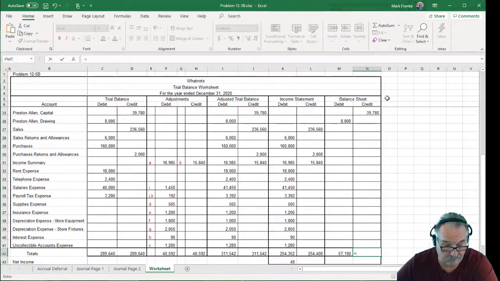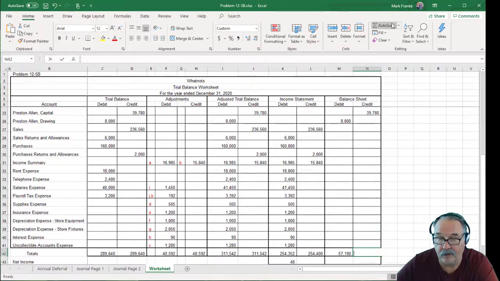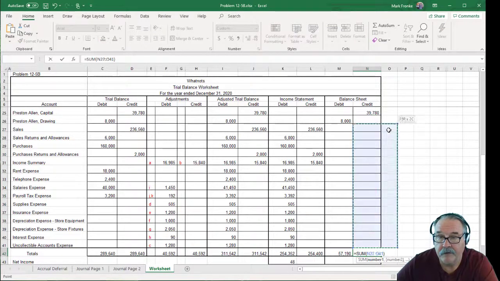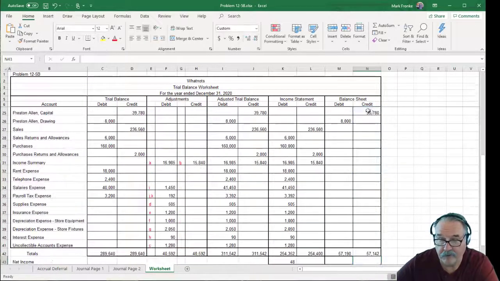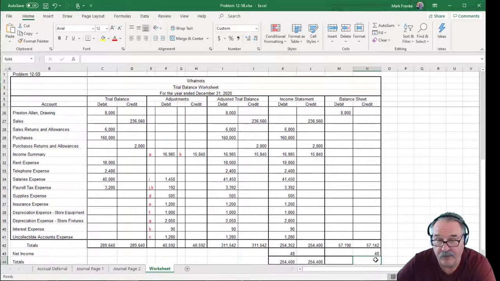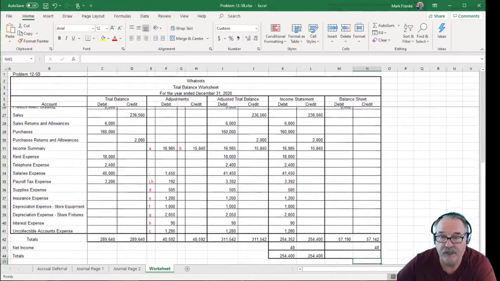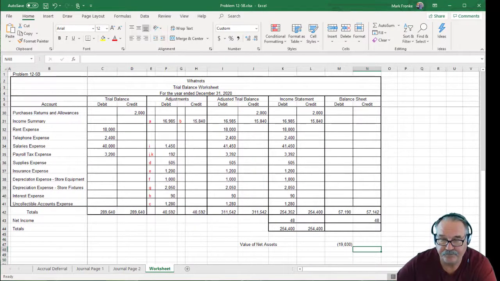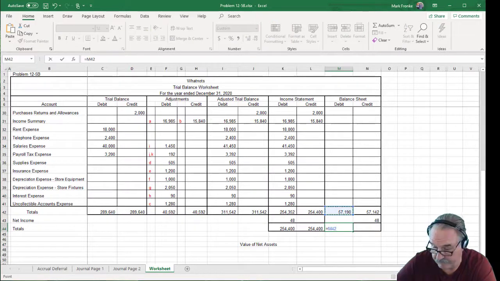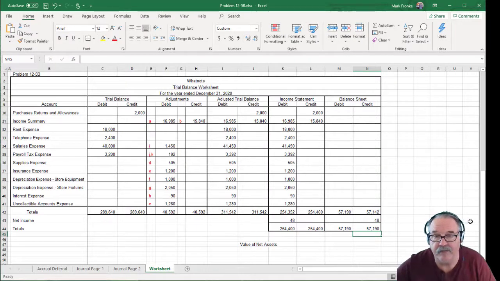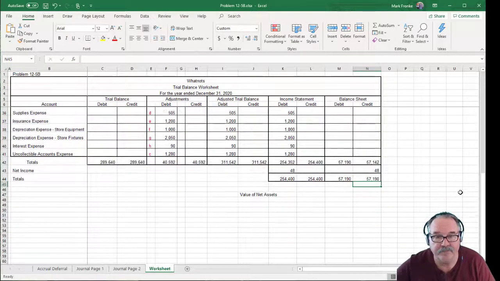The credit side has a total of 57,142, and the difference should be the same $48 that we needed to balance out the income statement. And now we're all balanced out. 57,190 is the total.